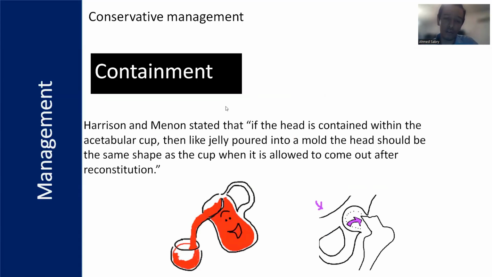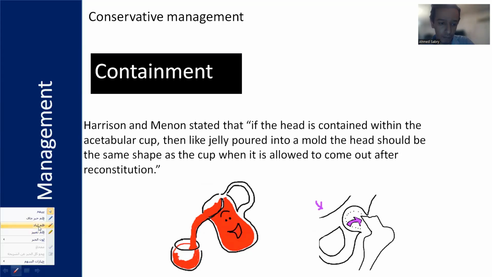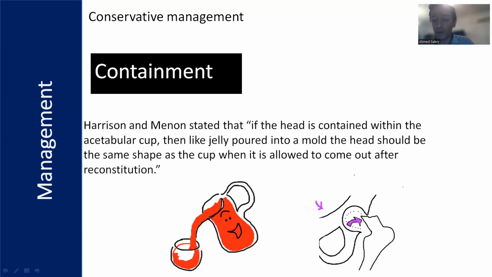So the idea of conservative treatment is containment. Harrison and Menon stated that if the femoral head is contained within the acetabular cup, it's kind of like jelly poured into a mold. The head should be the same shape as the cup when it's allowed to come out after reconstitution. So we say that if this case here, this patient here, he had a subluxation of the hip.